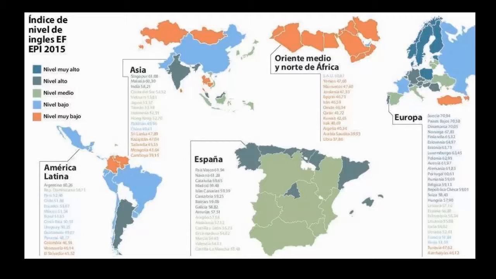The fourth color is Latin America. And the last color is the Middle East and North America, where people speak less English. But we know these countries have different English. Then in another video we can show you what kind of English they speak.